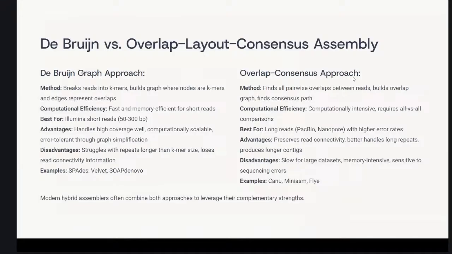This is older than de Bruijn, because de Bruijn is better in comparison to this and evolved much later. The method it employs is that it finds all pairwise overlaps between reads, builds an overlap graph, and finds the consensus path, as I have explained in that picture.